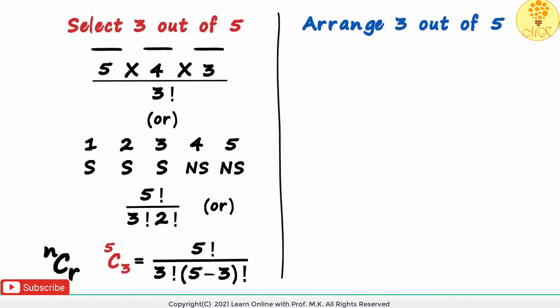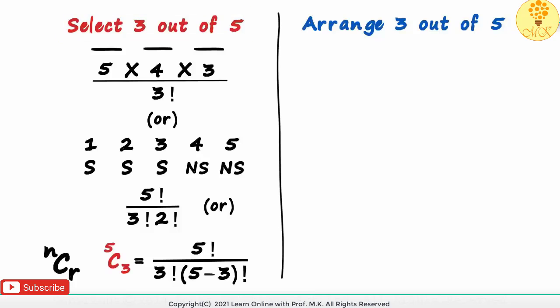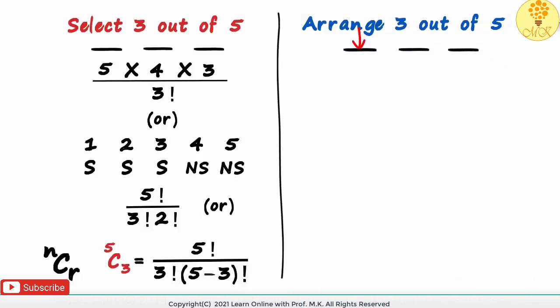In the previous part of the session, we had seen different ways in which we could find the number of ways in which we could select 3 objects out of 5 different objects. In this part, we will look at arrangement of 3 objects out of 5 distinct ones. As we plan to arrange 3 objects out of 5, we can make 3 slots for them. The first slot can be filled with any one of the 5 objects.